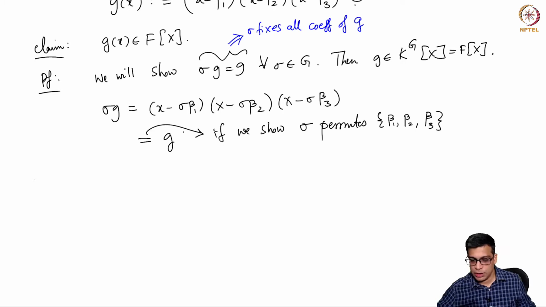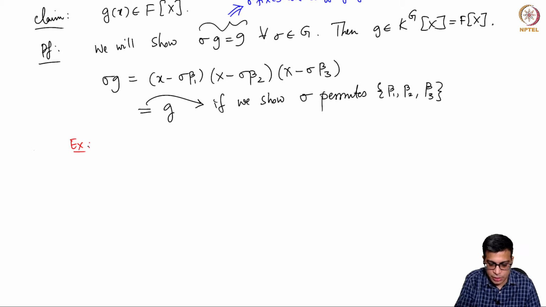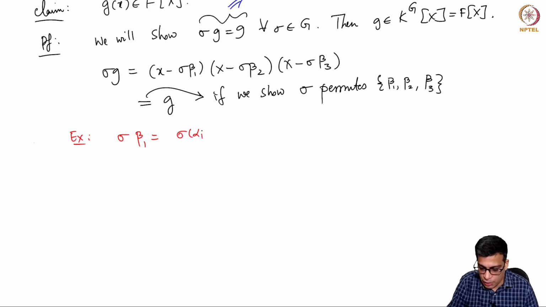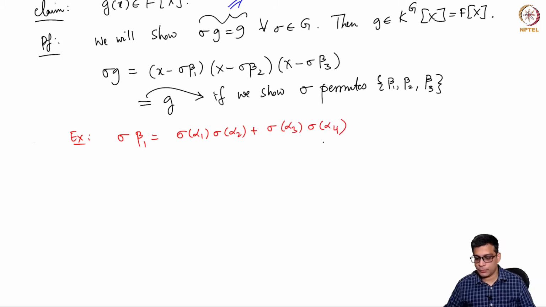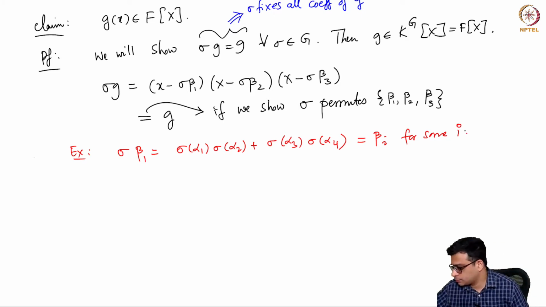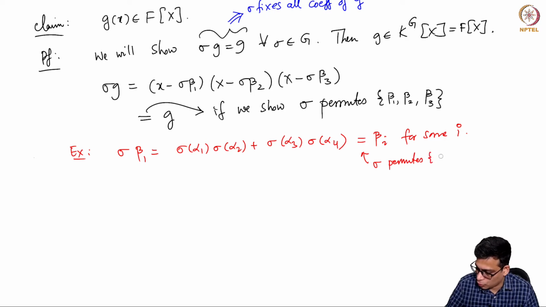And that is because if you go back to this, this is an exercise. If you go back to the definition of beta 1, this is sigma alpha 1, sigma alpha 2 plus sigma alpha 3 times sigma alpha 4. Okay. But remember, sigma permutes alpha 1 through alpha 4.